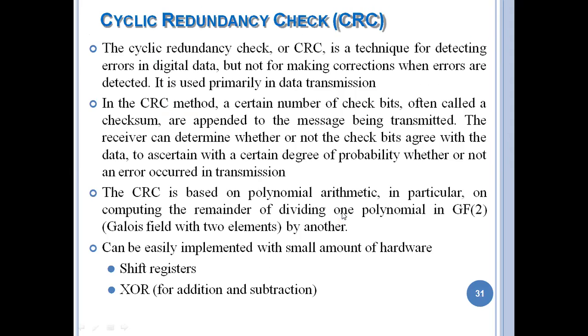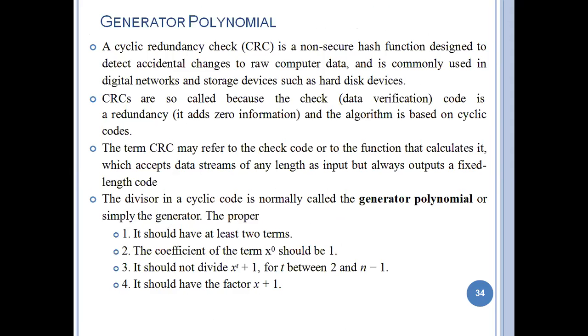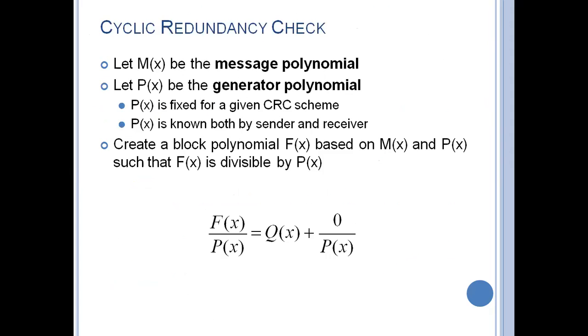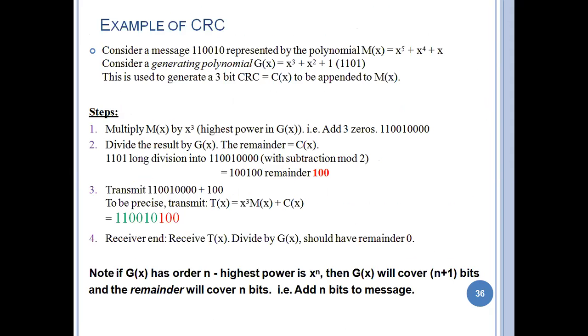And next, cyclic redundancy check. Here in the cyclic redundancy check, a polynomial equation is used. How we have to write the polynomial equation is: x power 0 plus x power 1 plus x power 2 plus x power 3 plus x power 4 and so on.